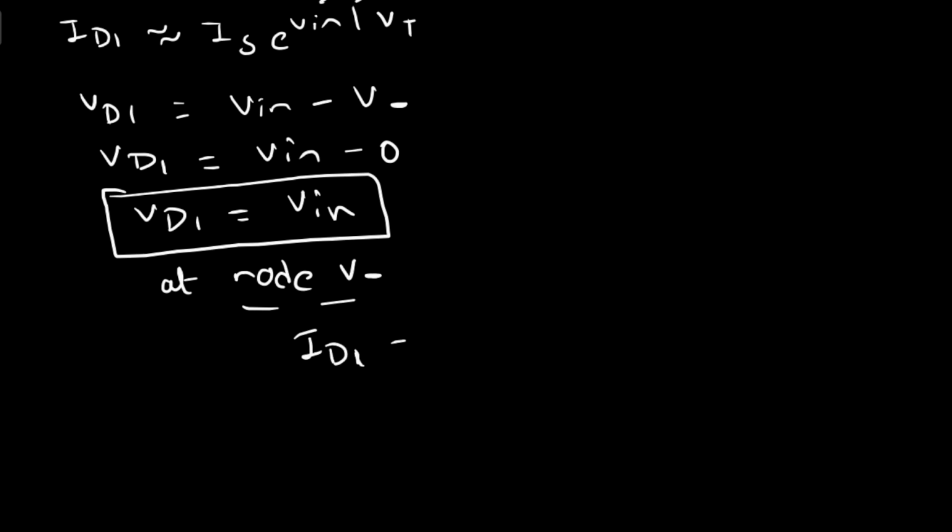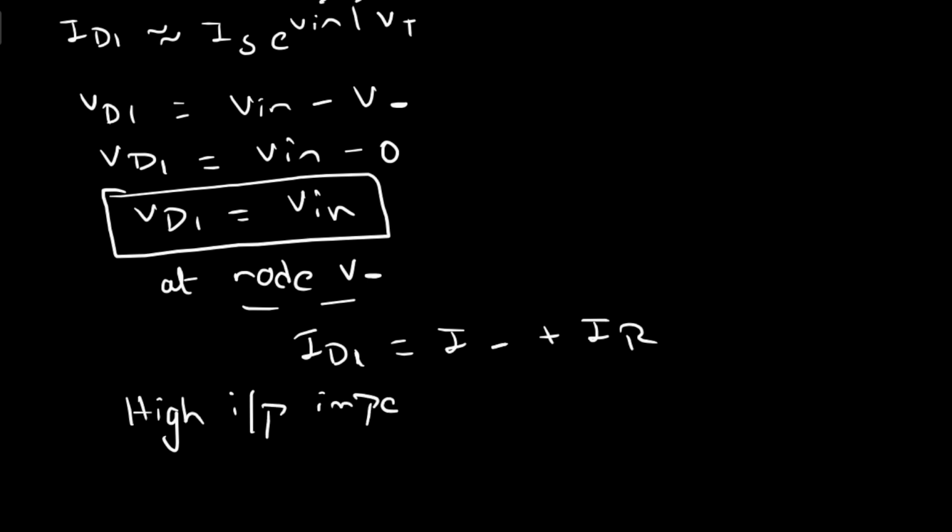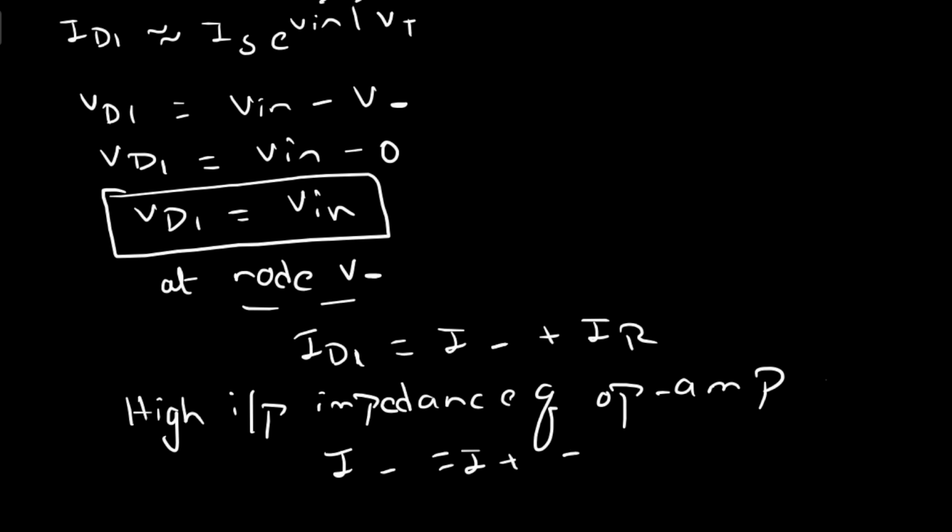ID1 is equals to I minus plus IR. Okay, so according to the high input impedance of op amp, I minus equals to I plus equal to 0. Therefore, whatever the current flowing ID1 is equals to IR.